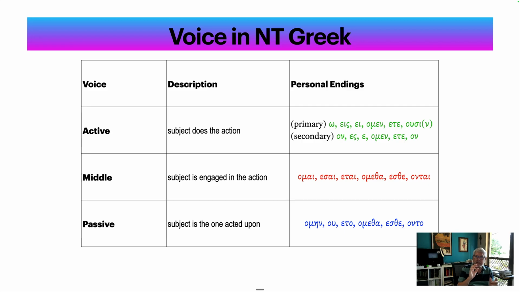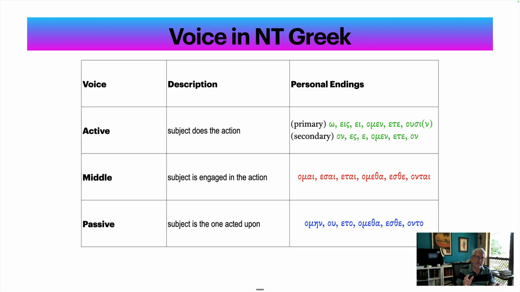And again, there's a different set of personal endings for passive verbs. Some overlap with the middle and passive forms, but if you see a verb ending in omen, u, eto, with the s there on top, then you'll be very grateful for the software, which is going to tell you what's going on.